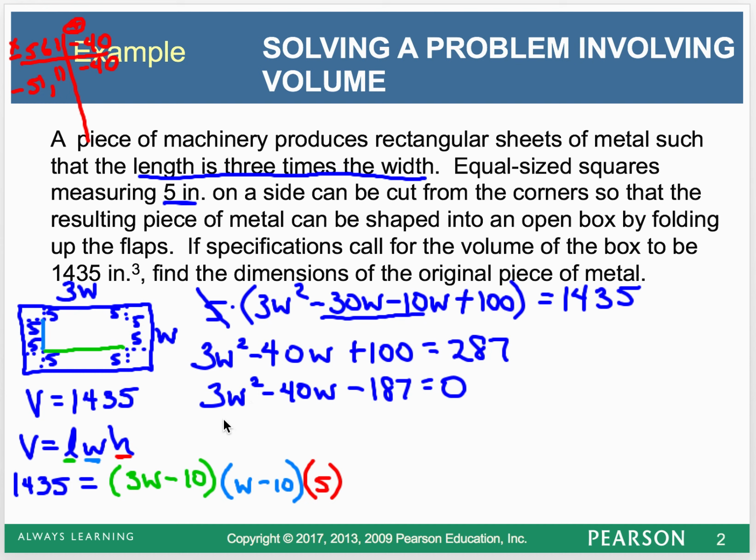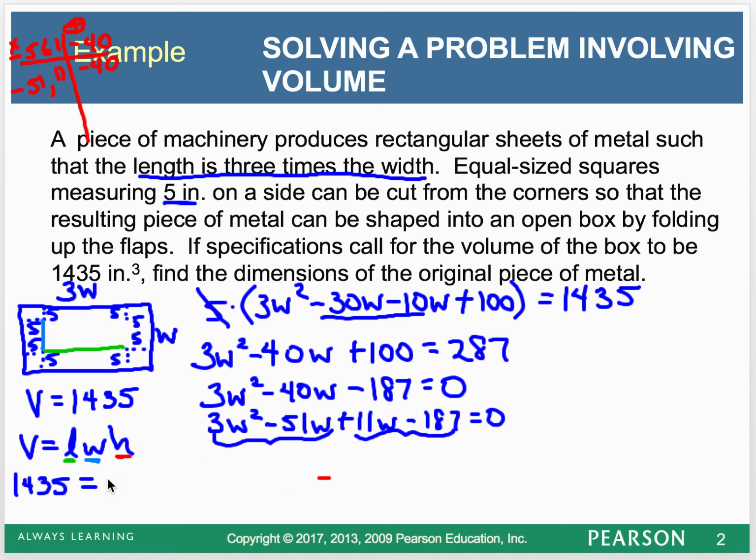All right, so that means now that we can replace negative 40w with negative 51w plus 11w minus 187 equals 0. That means these things are perfect square trinomials.